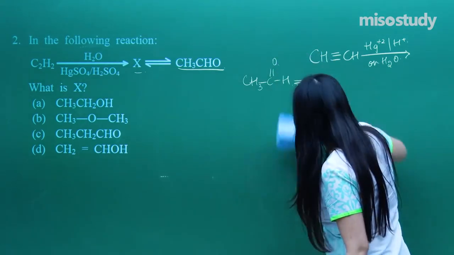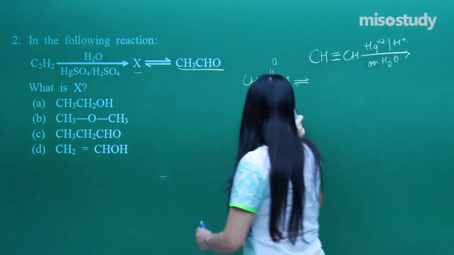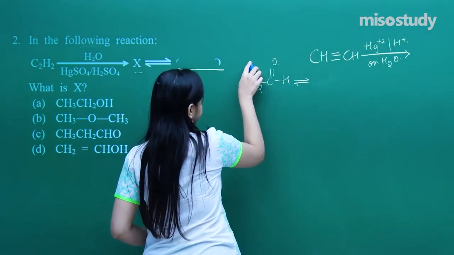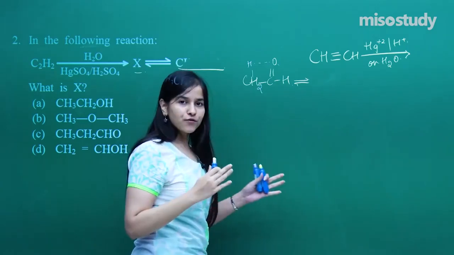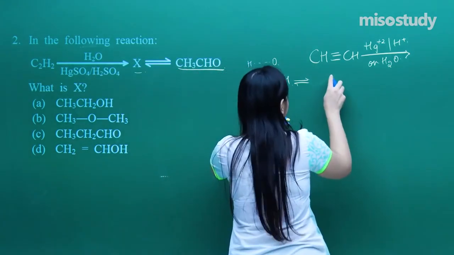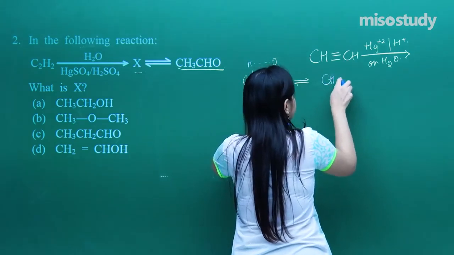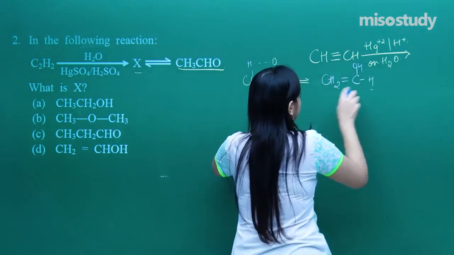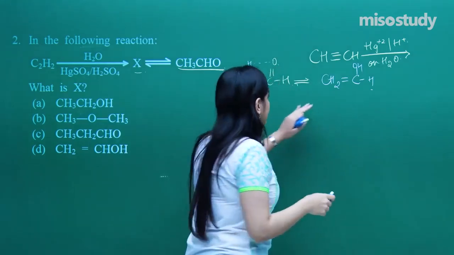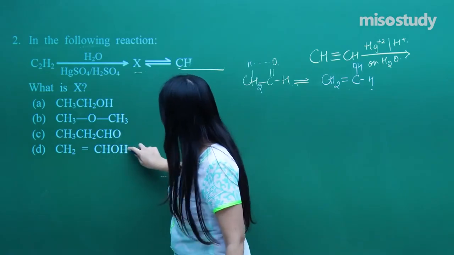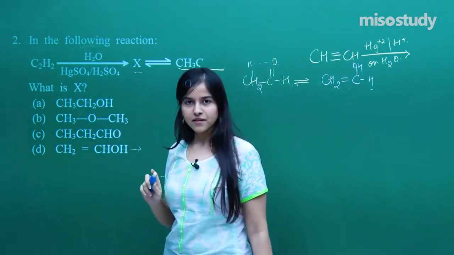Not this very hydrogen, but the hydrogen which is available on the methyl group here. So that is how the enol form will be existing in equilibrium with this aldehydic form. So it's the tautomerism, we all know this. So that is what we are getting over here. Now let's match up the options, and we can see only one matches our answer.